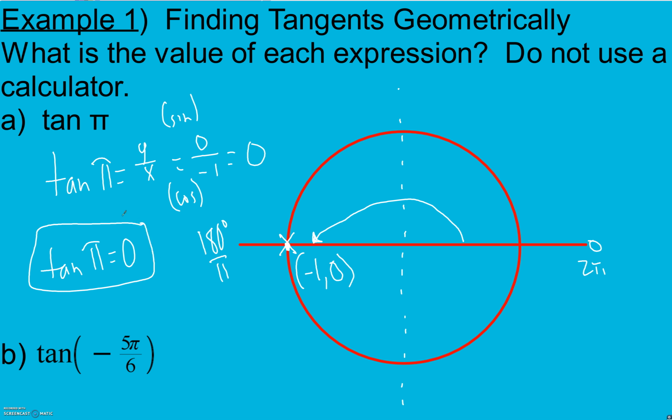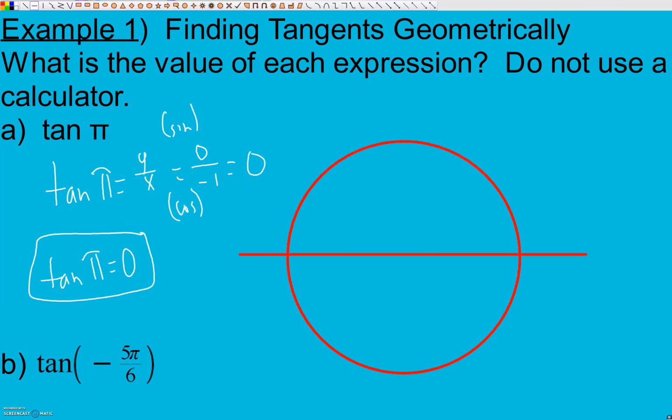Tangent of 5 pi over 6. Let me clear some of this out here. We're going to split our circle into 6 pieces, each pi. So each half of our circle into 6 pieces. To split it, I need 6 lines.